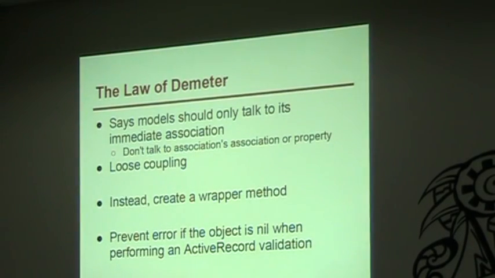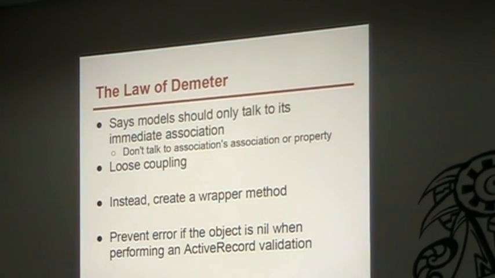It's an example of loose coupling. So instead, we create that wrapper method. And by the agile principle of don't repeat yourself, don't create the method that wraps it. I did that once, where I created a method that invokes the object and then invokes the name of that object.